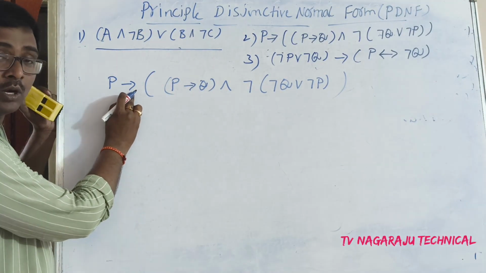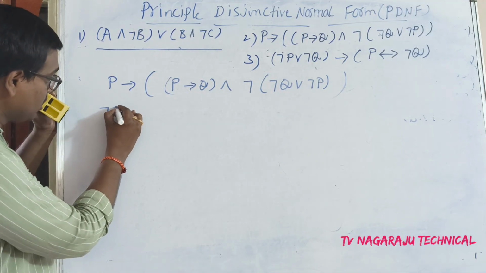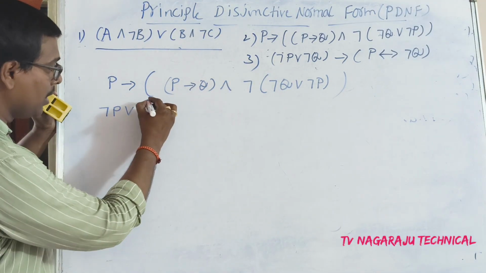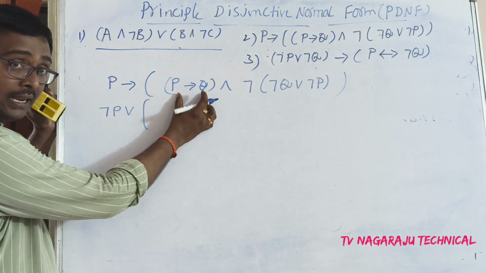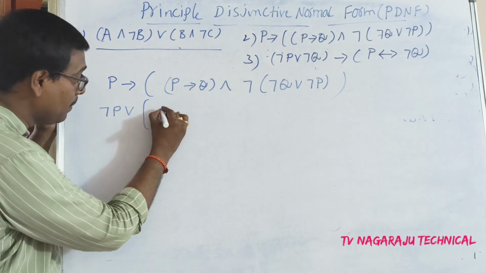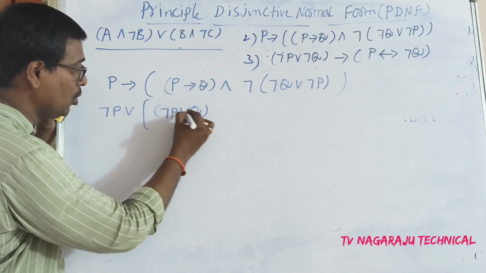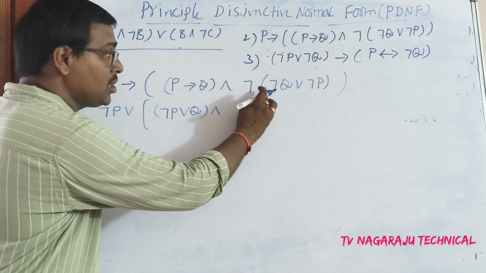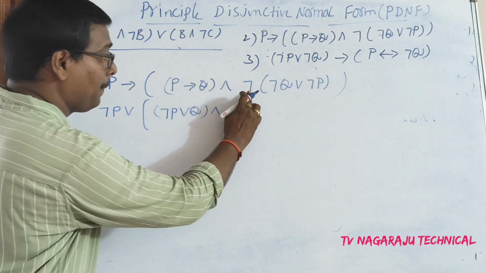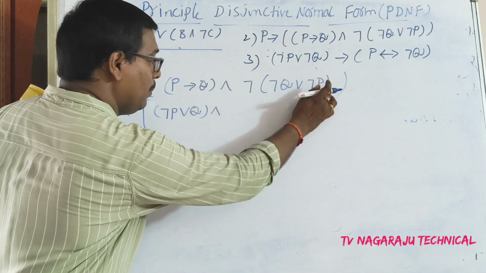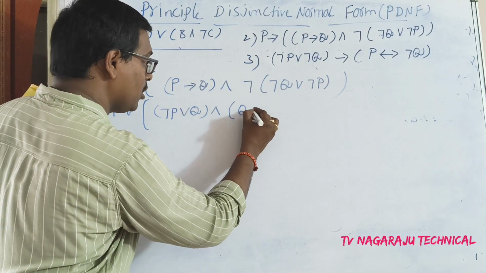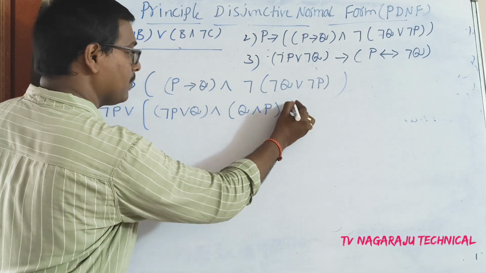P implies Q is negation P or Q. Now for this entire part, again P implies Q, so negation P or Q, and negation of that, by De Morgan's law, becomes Q and P.